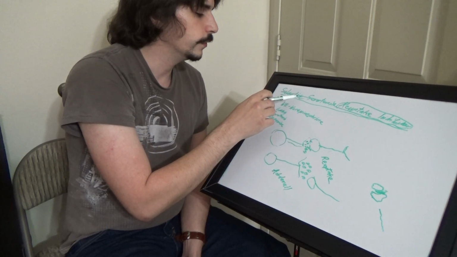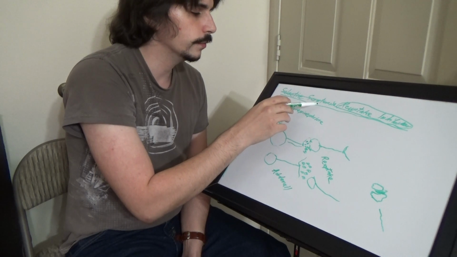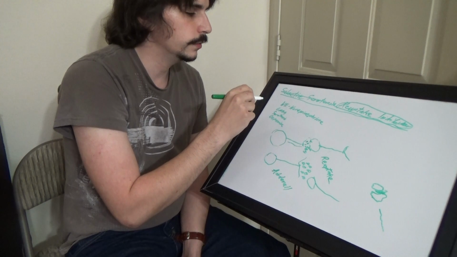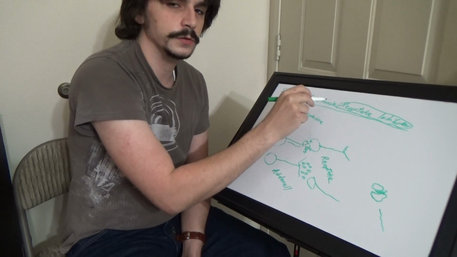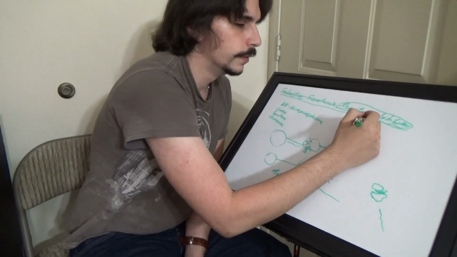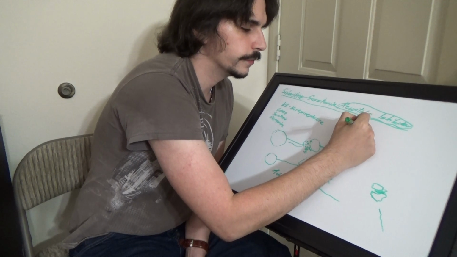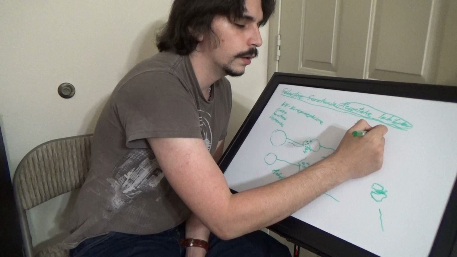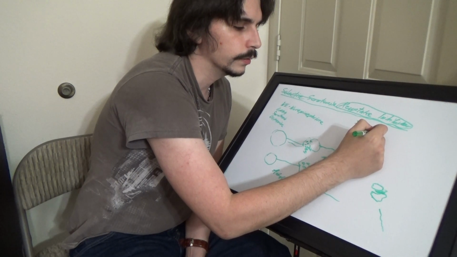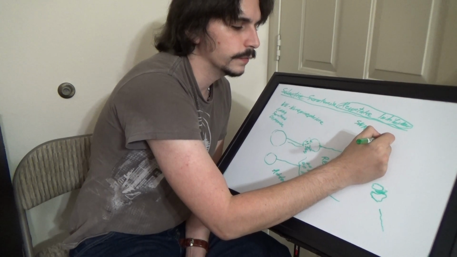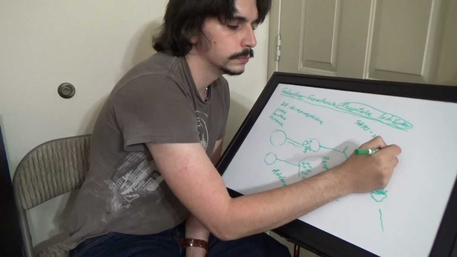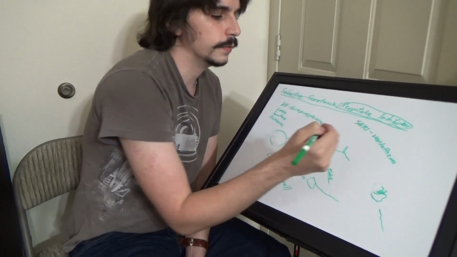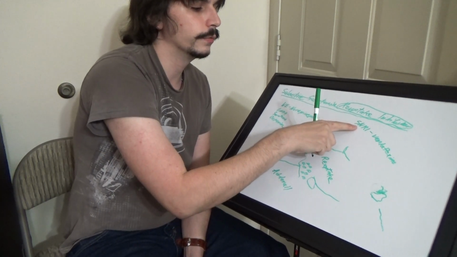If it's a reuptake inhibitor for more than serotonin, then it's no longer a selective serotonin reuptake inhibitor. Like, for instance, take the class SNRI and venlafaxine. This is a reuptake inhibitor for serotonin and norepinephrine.